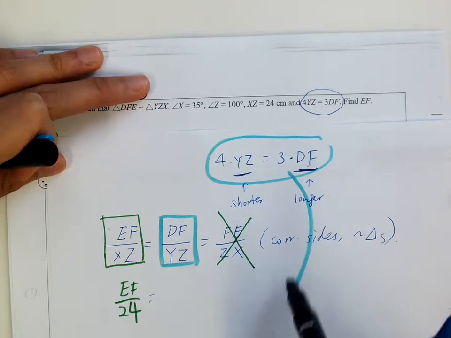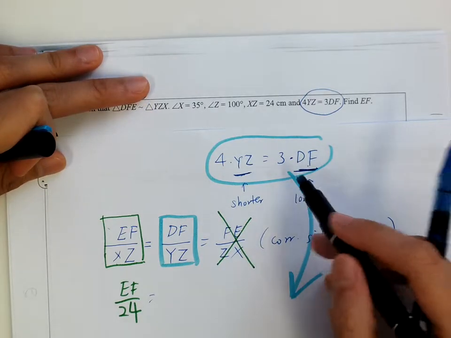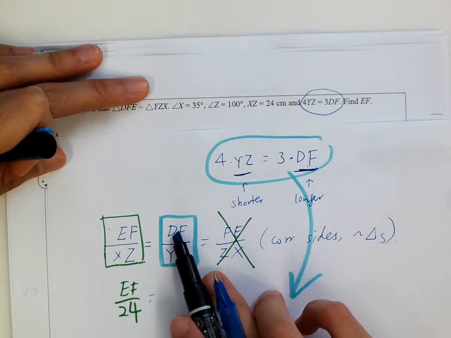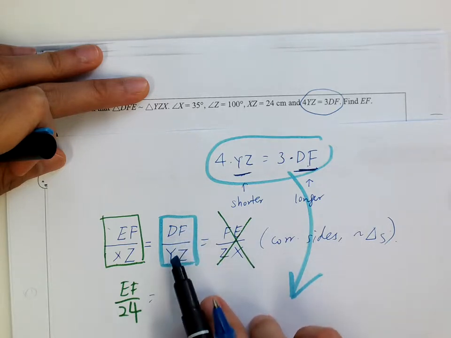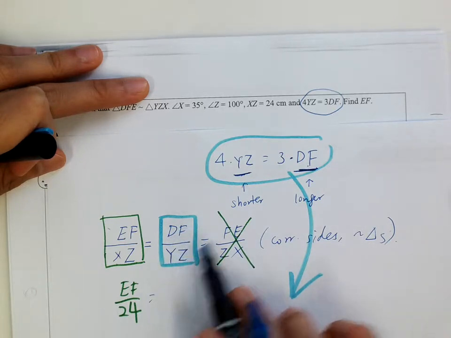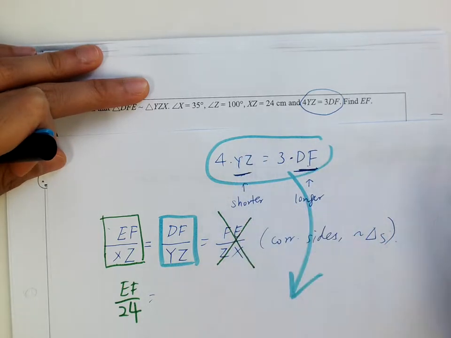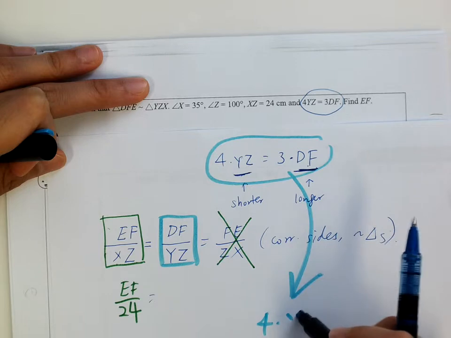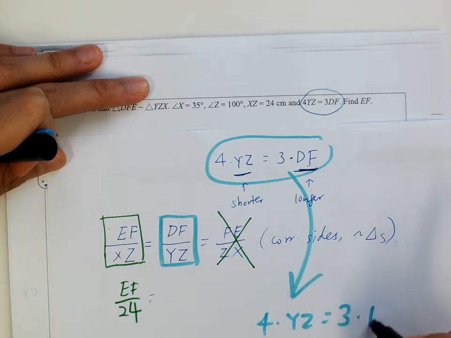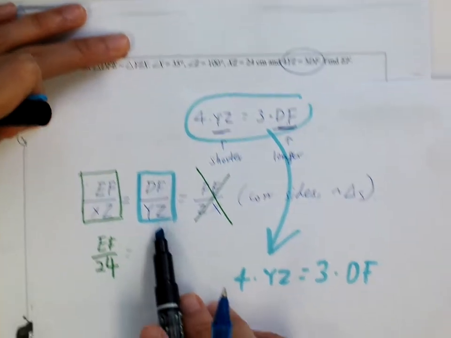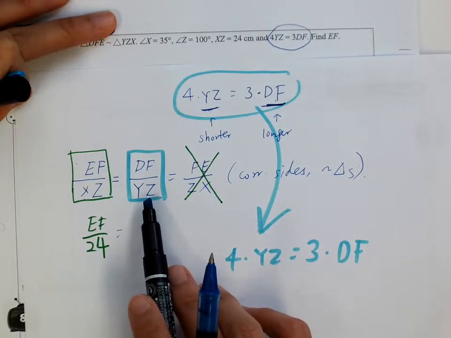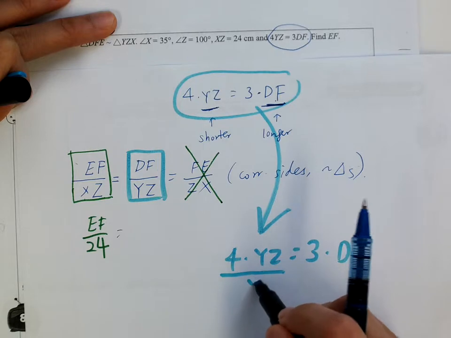Okay, so here you can see DF is the numerator while YZ is the denominator. So maybe I write here first. Because I want YZ to be in the denominator, I will divide both sides by YZ.